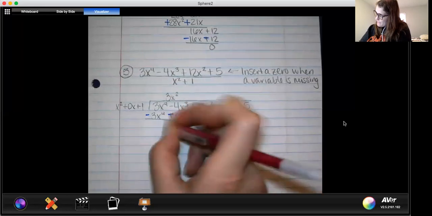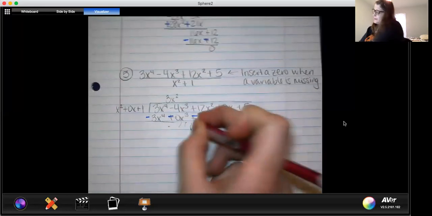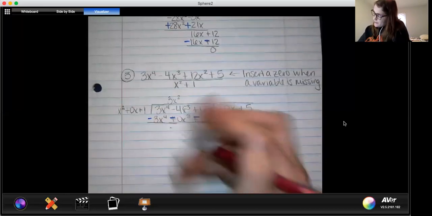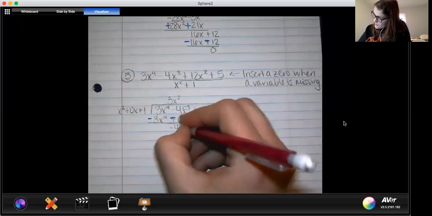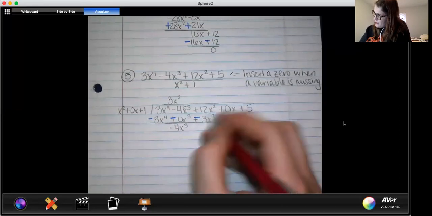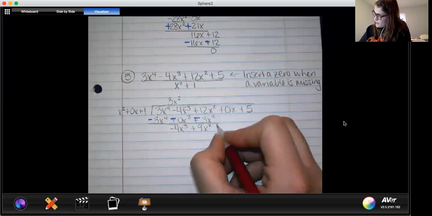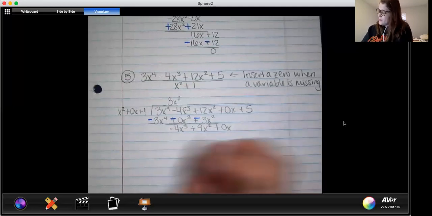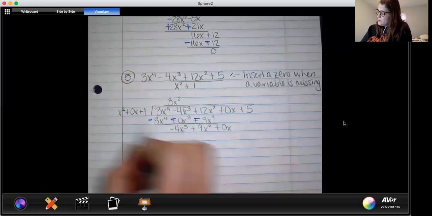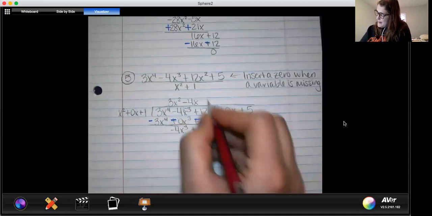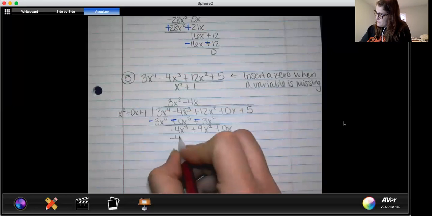My line kind of got in the way there. Let's try that again. Better. And then 12x squared minus 3x squared is positive 9x squared. Bring down 0x. Now I have negative 4x cubed divided by x squared, which is going to be negative 4x. Multiply through.